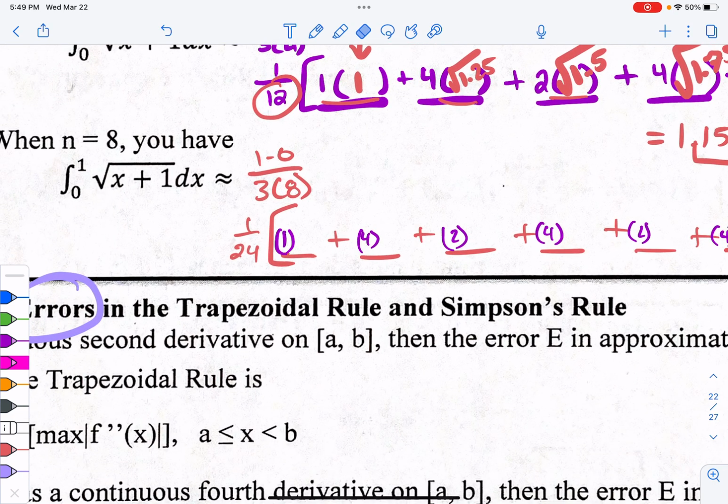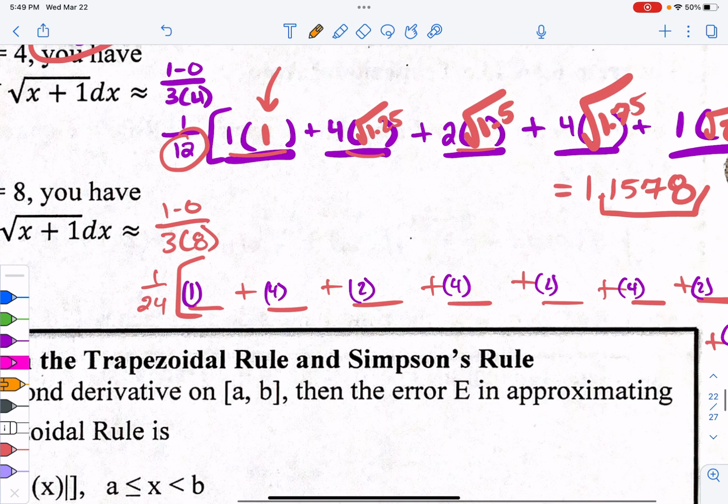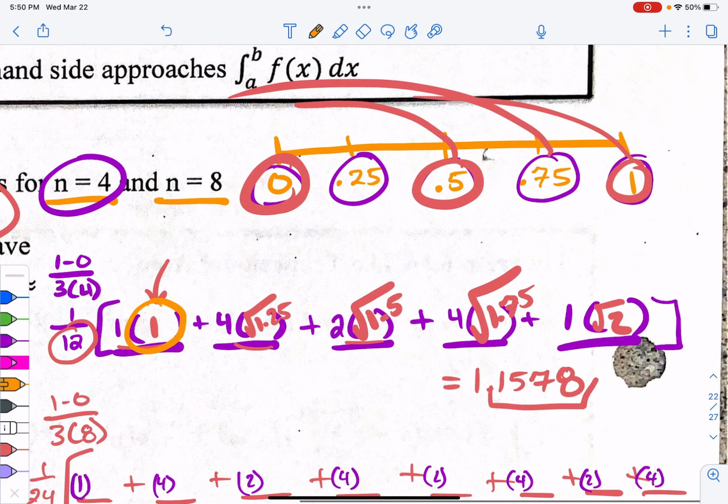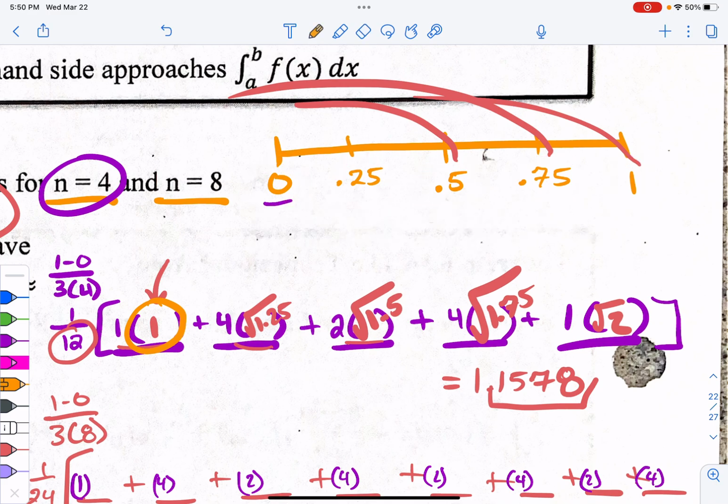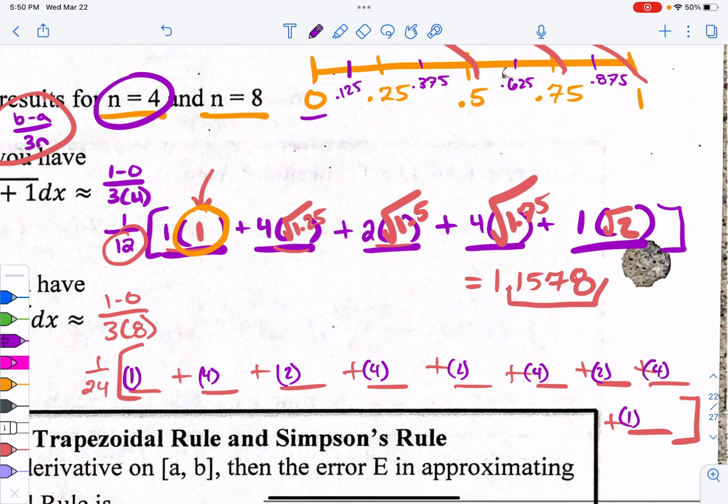Now, the really nice thing is that, let me go up to my number line. Now we're sectioning them into 8 chunks instead of just 4. So I just need to add in these extra numbers: 0.125, 0.375, 0.625 and 0.875. Now, 1 will still be what I get when I plug 0 in, and that will go down here.